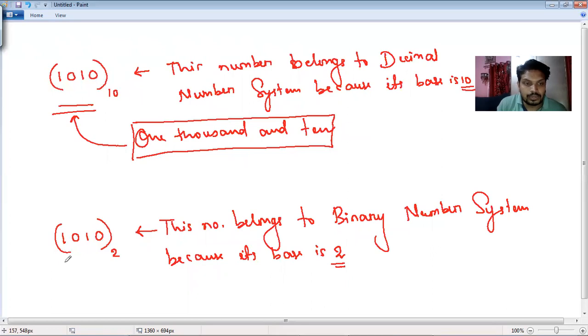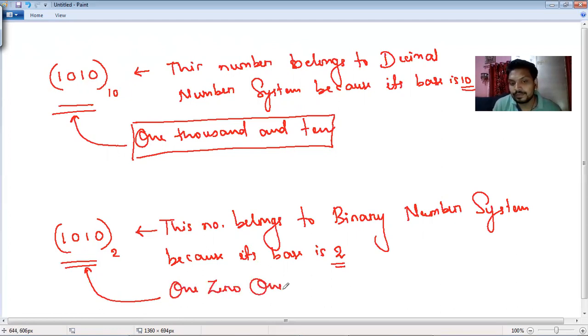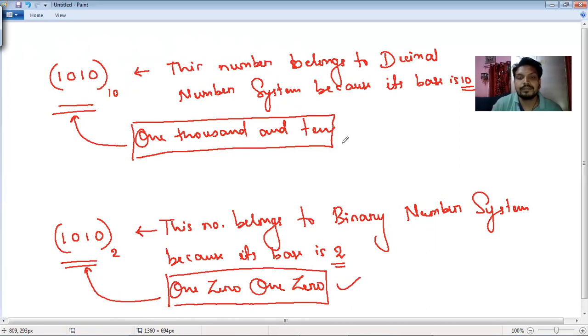But how to call this number? To call this number, we cannot say 1010. If it is a binary number, then we have to call it as 1010. Very, very important.